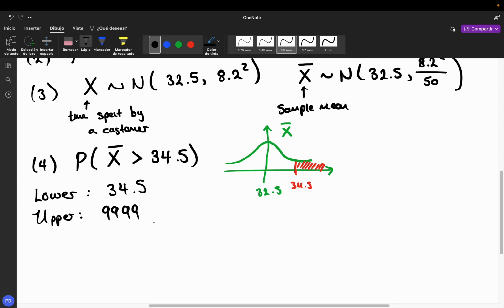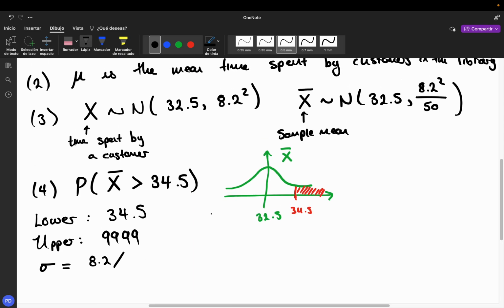It doesn't really matter, as long as you make this big enough. Our standard deviation is 8.2, but hang on. We need to divide it by, we divided the variance by 50, so our standard deviation is now divided by root 50, and our mean is 32.5.